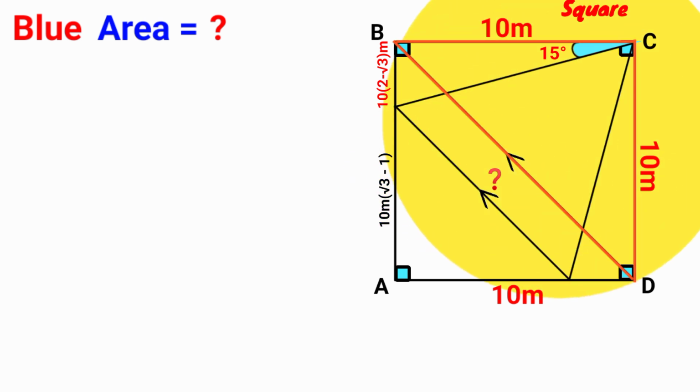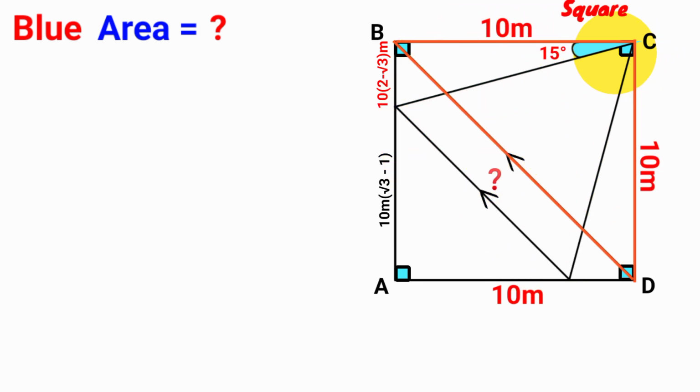Come to this triangle BCD. It is a right angle triangle, and we have this side and this side equal in length. That is, it is an isosceles right angle triangle. The angles of an isosceles right angle triangle are 90 degrees, 45 degrees, and 45 degrees.